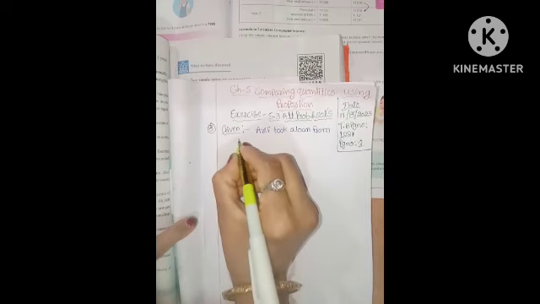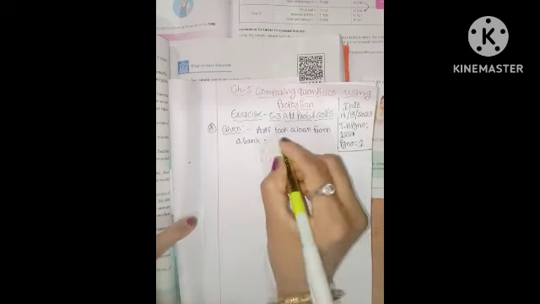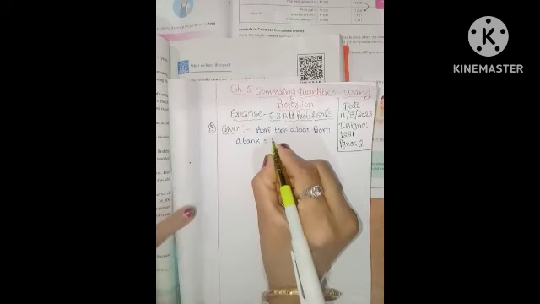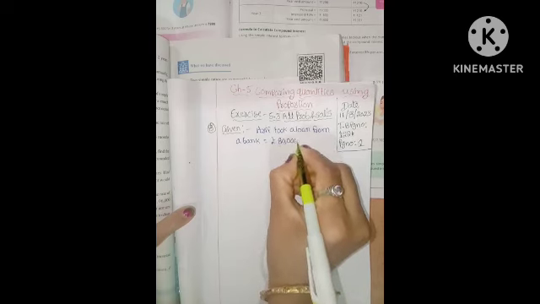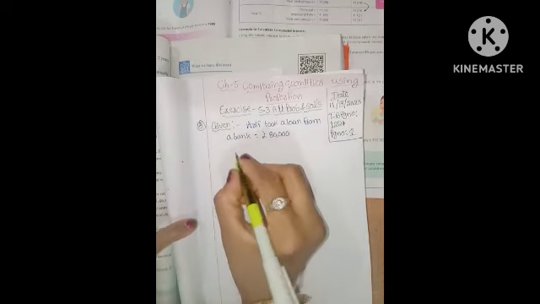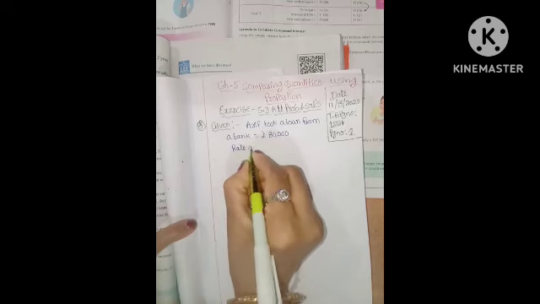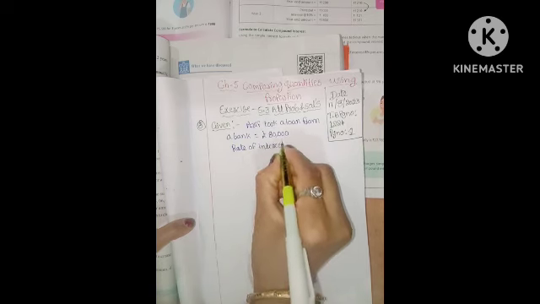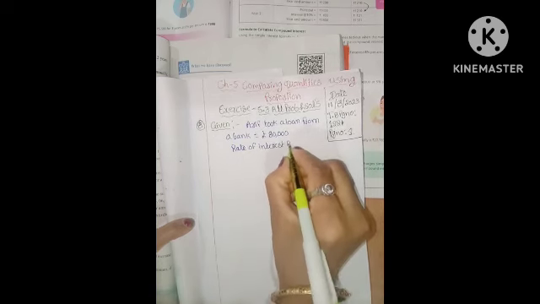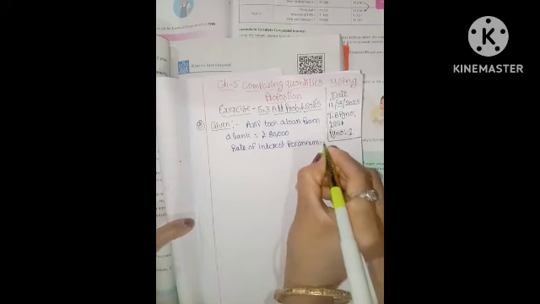How much loan amount is given? Rupees 80,000. The rate of interest per annum is given, that is 10%.